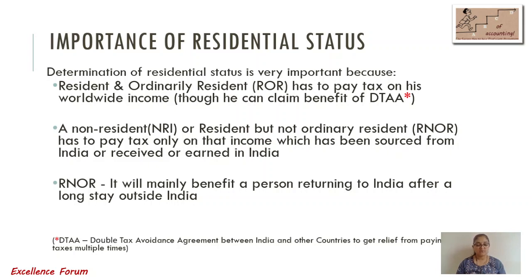This is important to understand because even if the income is not earned in India and the person is a resident in India, then he has to pay the tax on the entire income earned by him, whether in India or outside India. Of course, there are certain reliefs granted by the double taxation avoidance agreement between India and other countries, but generally he has to pay tax on the worldwide income.